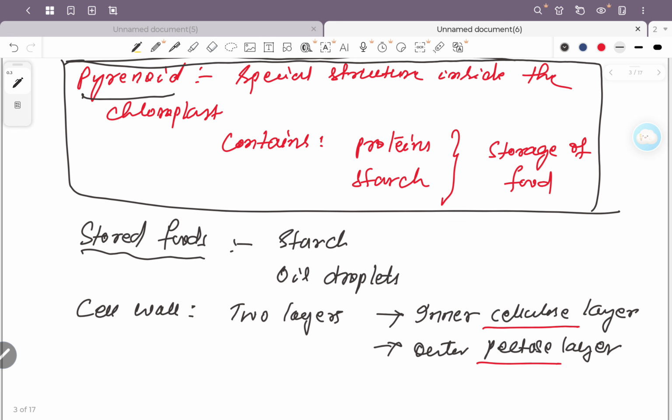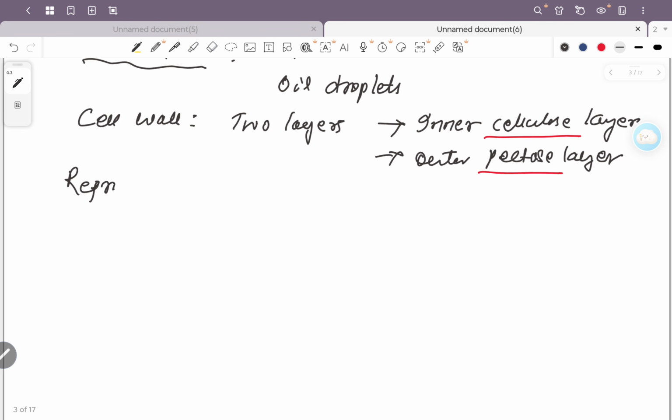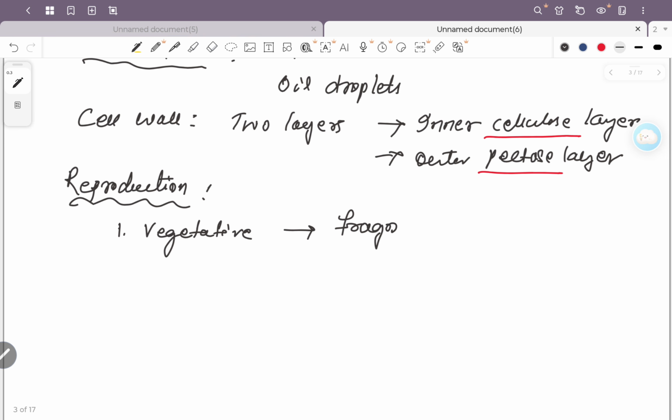Now come to the reproduction. As we have already discussed, almost all algae reproduce by 3 methods, that is vegetative, asexual and sexual. Vegetative reproduction takes place by fragmentation.